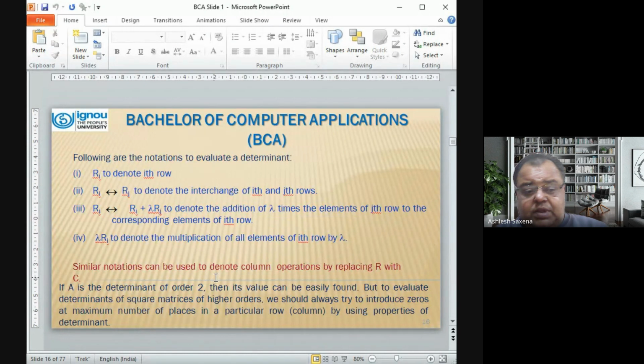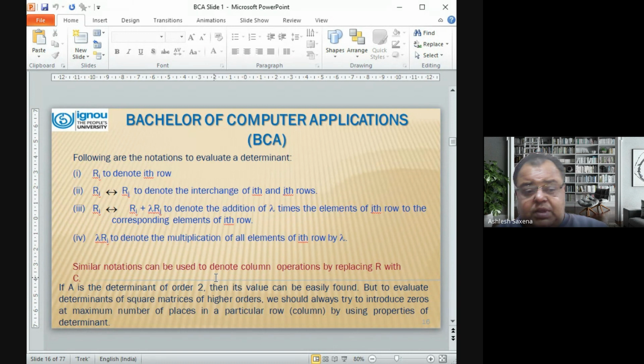Following are the notations to evaluate a determinant. Ri denotes the ith row. R is for row, C is for column. If you are changing i by j, you have to put this arrow.